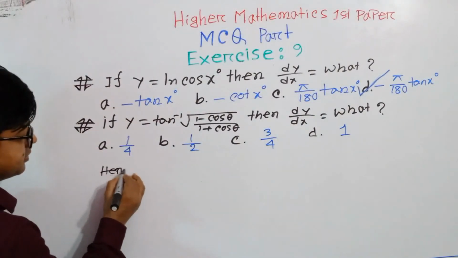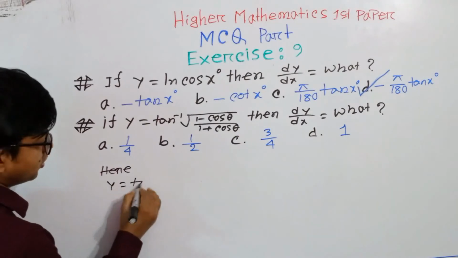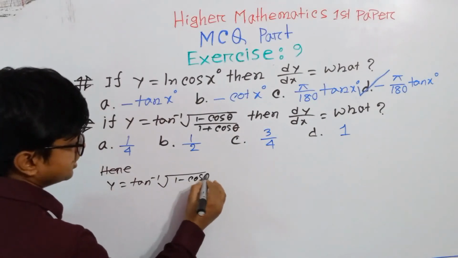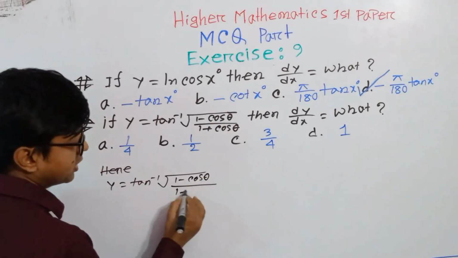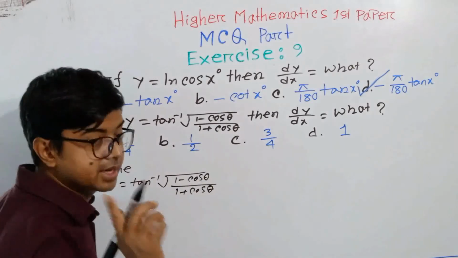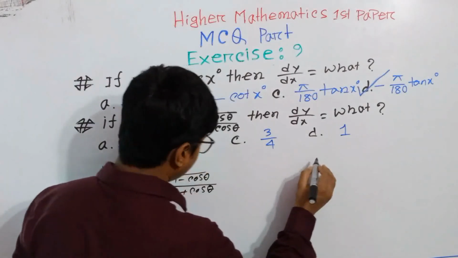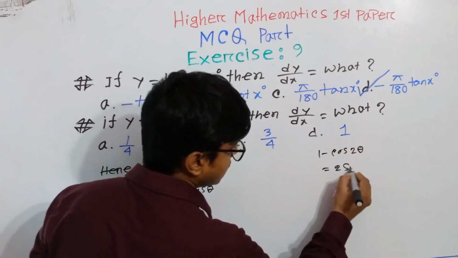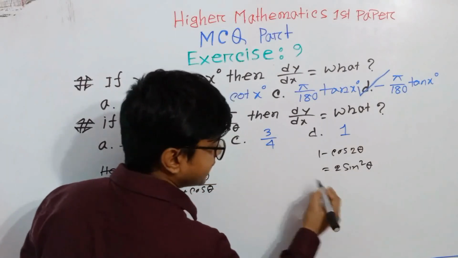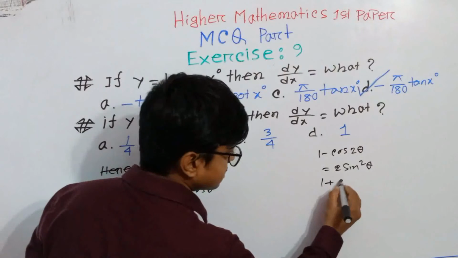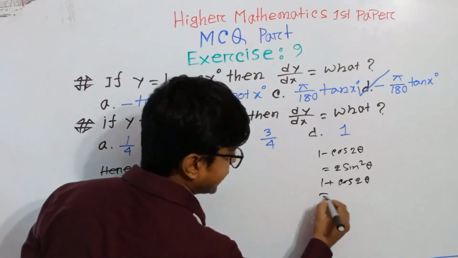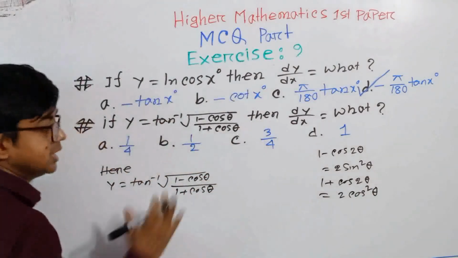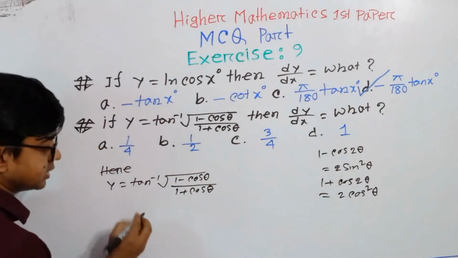Here we know the formula: 1 minus cos 2 theta equals 2 sine square theta, and another one is 1 plus cos 2 theta equals 2 cos square theta. So that's why we can apply this formula here.